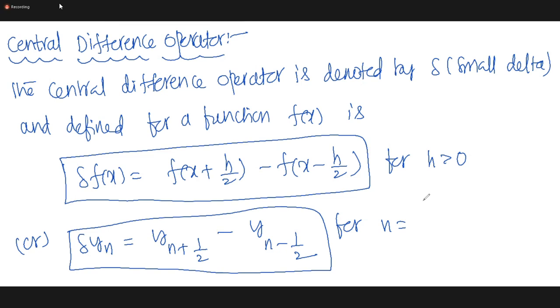Sometimes we will get negative fractions also. For n equal to 1, 2, 3, etc. So small delta y n is equal to y n plus 1 by 2 minus y n minus 1 by 2.